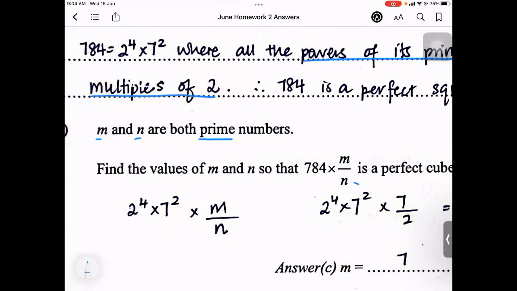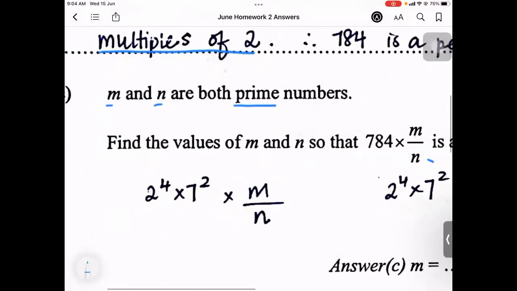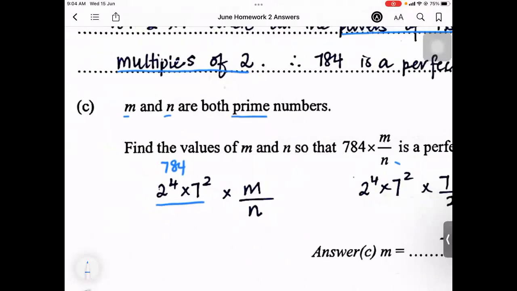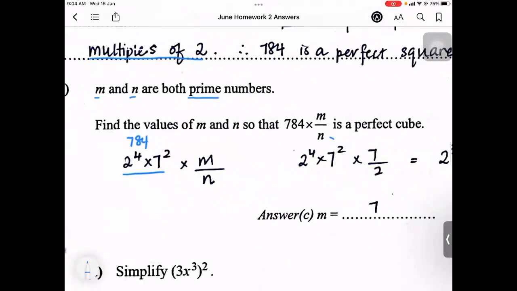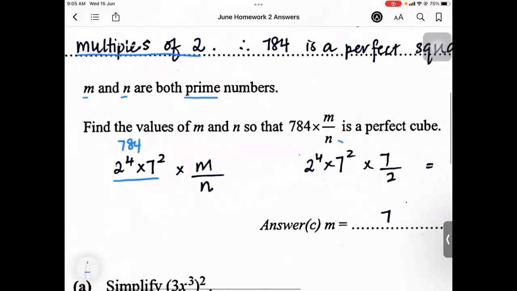784 itself can be written as 2 to the power of 4, 7 squared. Then they want us to multiply something so that this is a perfect cube. If this is a perfect cube, that means the powers must be multiples of 3.